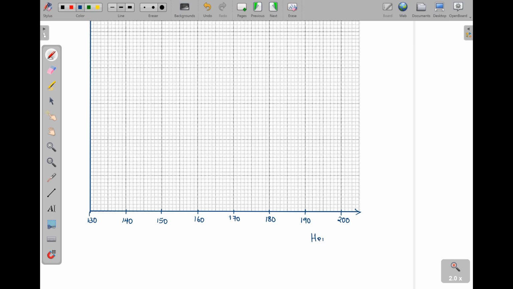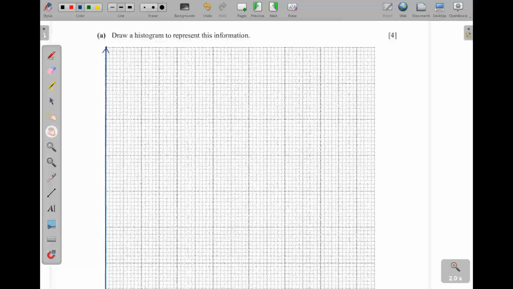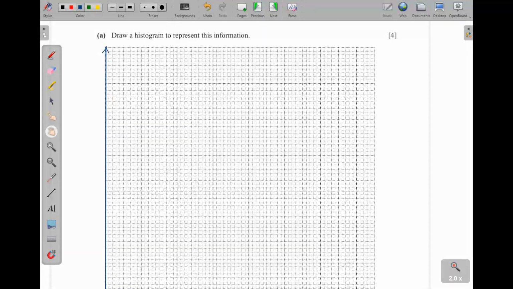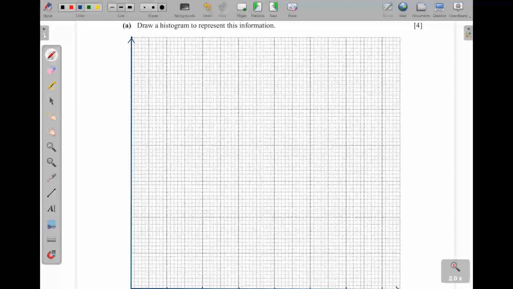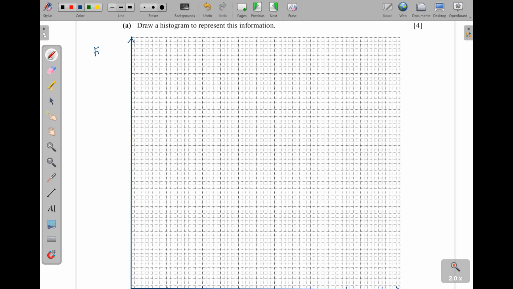Then you label your axes. These are class boundaries, but they are coming from height, which is given in centimeters. Then up here on the vertical axis, we are having frequency density. So you also write this one as frequency density. Don't write FD, just write it in full: frequency density.